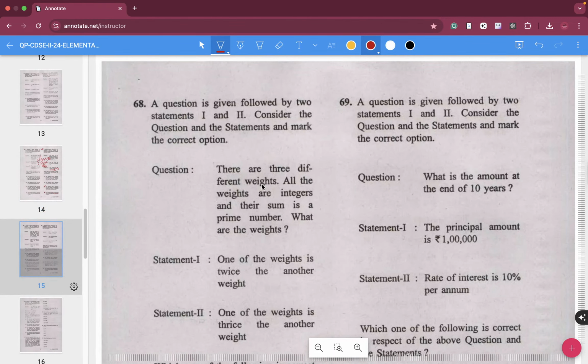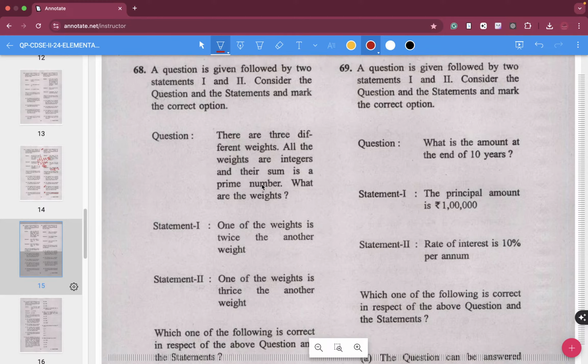All right, let's move on to question number 68. A question is given followed by two statements 1 and 2. Consider the question and the statements and mark the correct option.